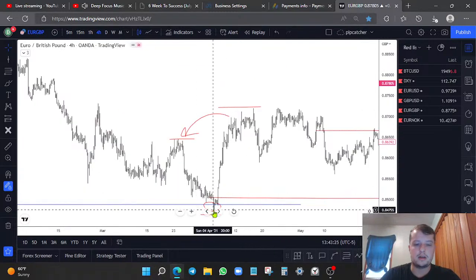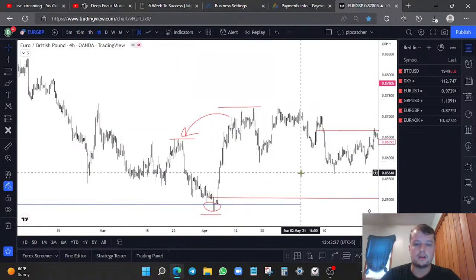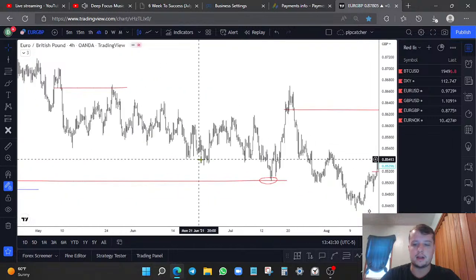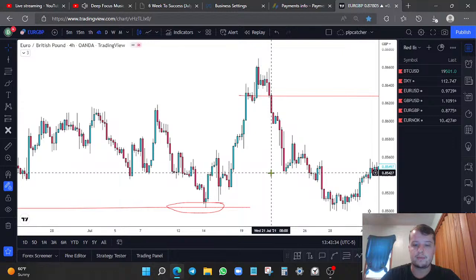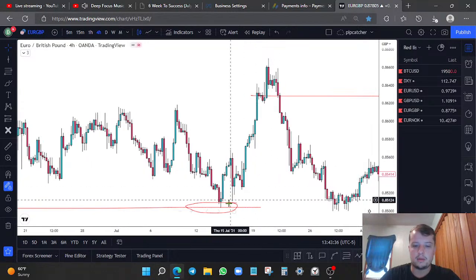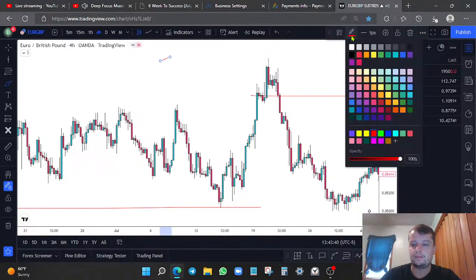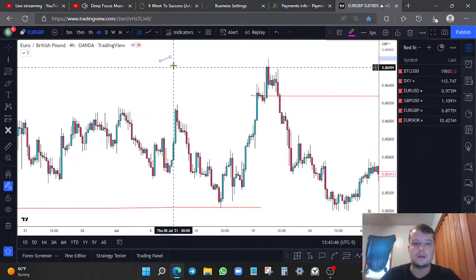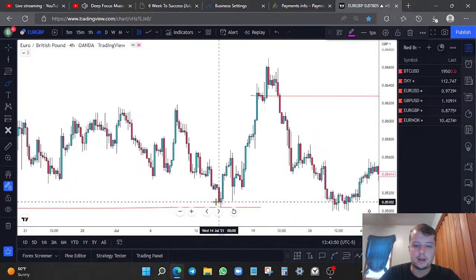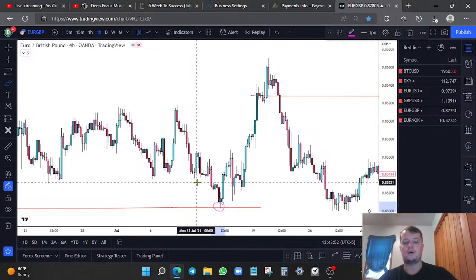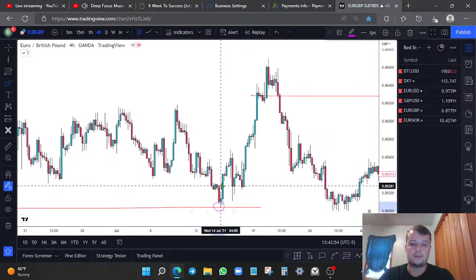We see the weekly got rejected off of there, and price had came back into that area and rejected here. So let's do whatever color this is, purple. So we get a rejection here off of the 4 hour, right?